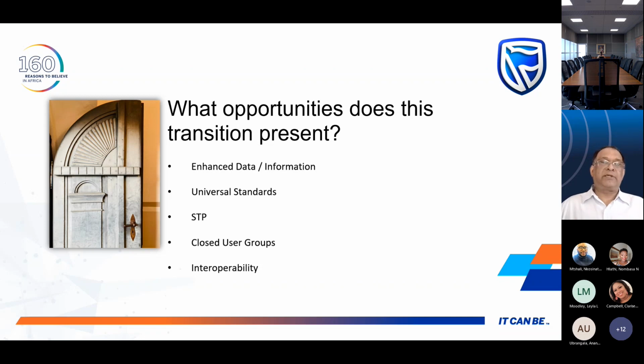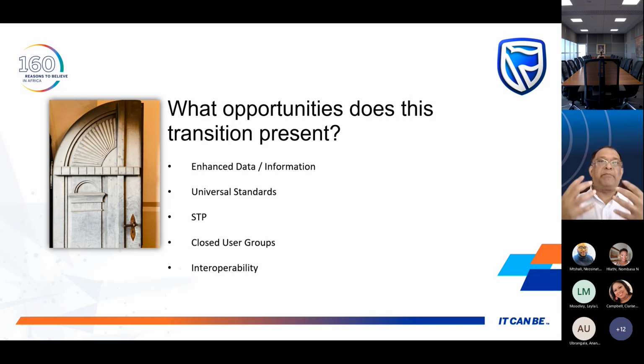So the first one is around enhanced data and information. As I mentioned, if you look at the traditional MT 103 message, and if you look at a pacs.008 message as an example, very, very different in the way the construct of those messages look. The same data that is sitting in a 103 can be replicated directly and populated into a pacs.008 message. However, there are additional fields that one can utilize to carry an additional part of the payload.